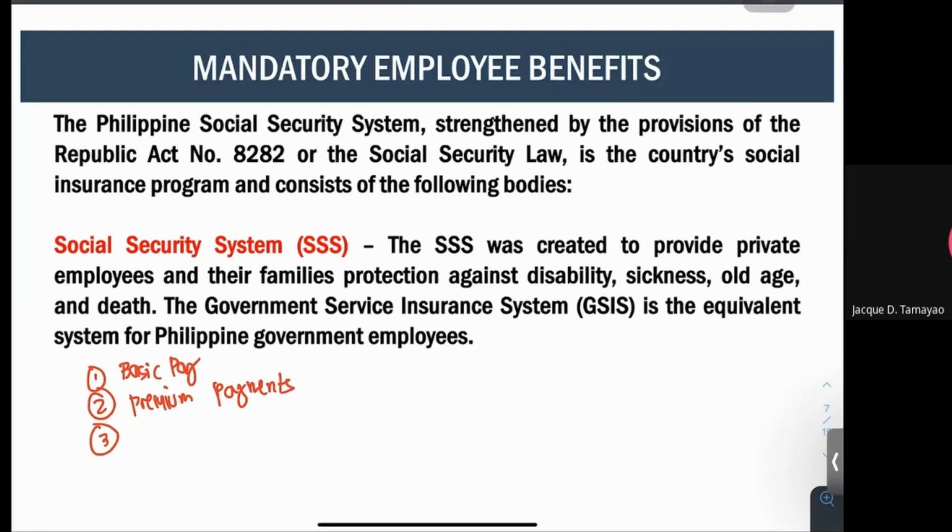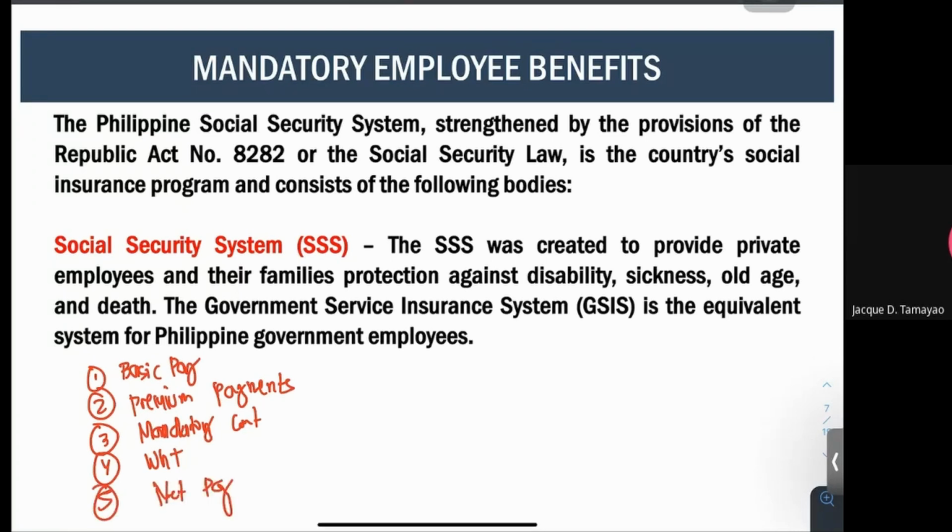Third, we compute for your mandatory contributions. Fourth, we compute for your withholding tax. And then lastly, we compute for your net pay.